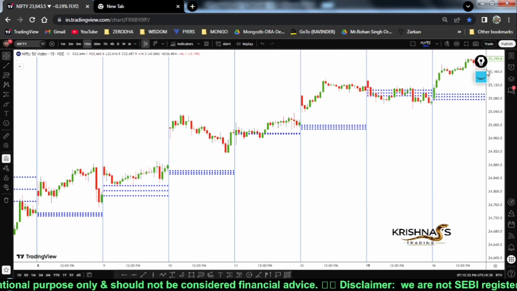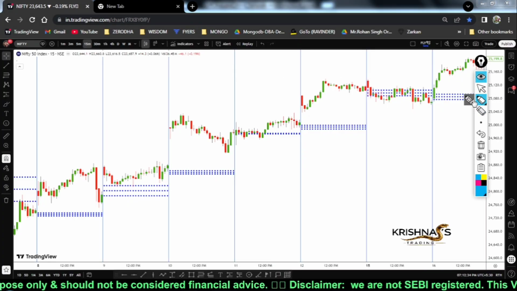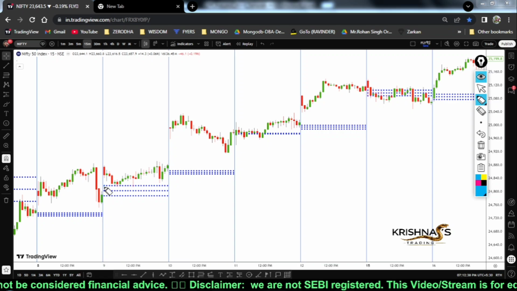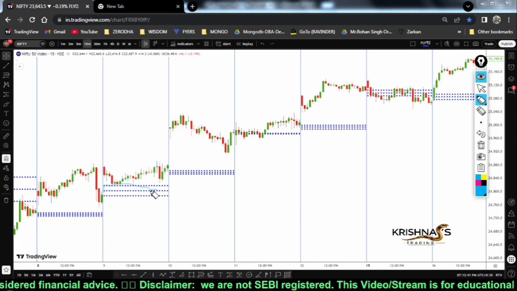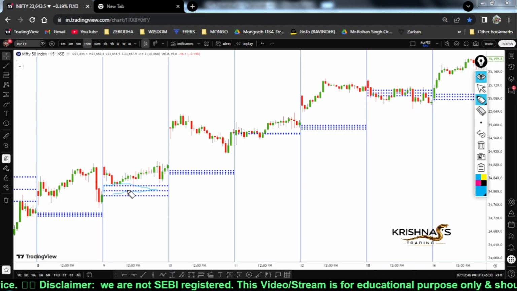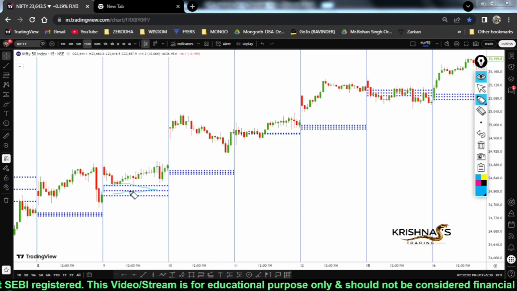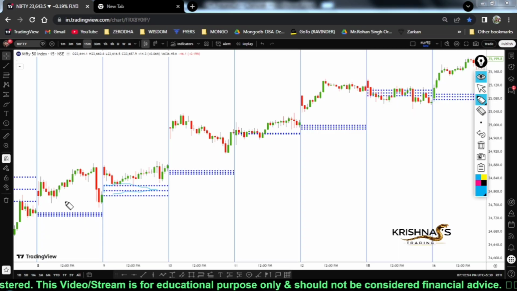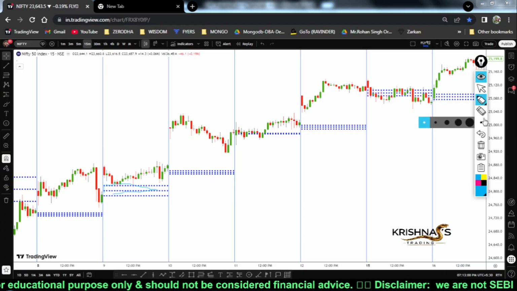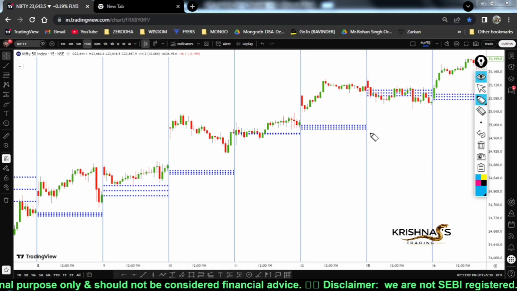Now come to the type, ascending CPR. For example, assume this is today and this is yesterday. If today's CPR levels are higher than the previous day CPR levels, then we consider it as an ascending CPR.